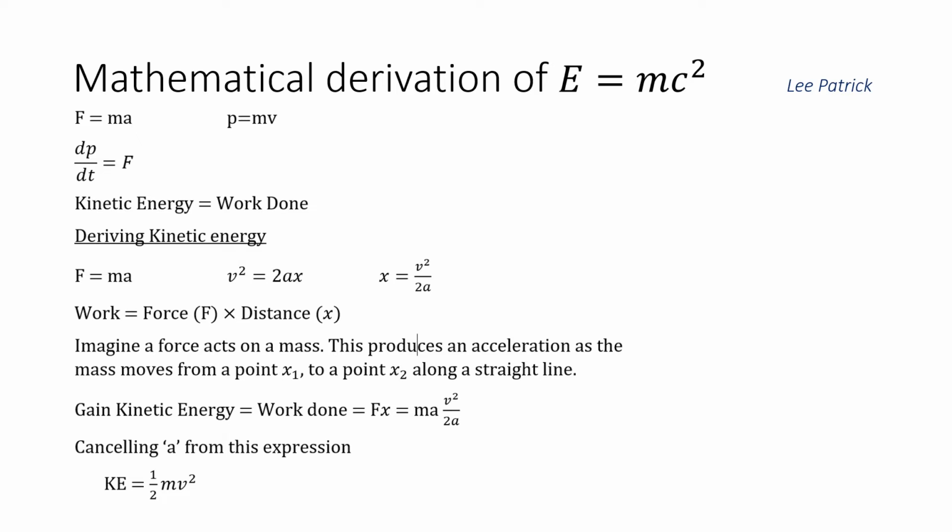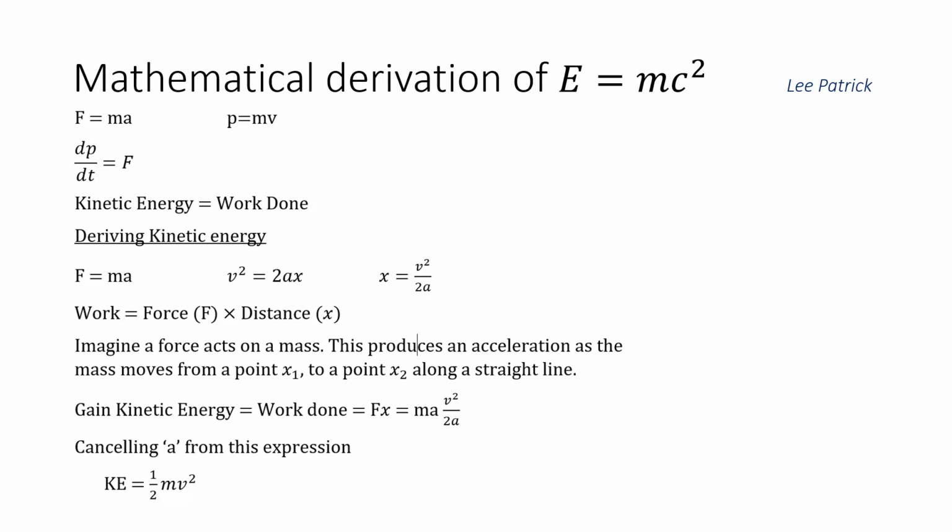We know from classical mechanics that F equals ma, or force equals mass times acceleration, and also that p equals mv, or momentum is equal to mass times velocity. So dp by dt, the rate of change of momentum with respect to time, is equal to force.